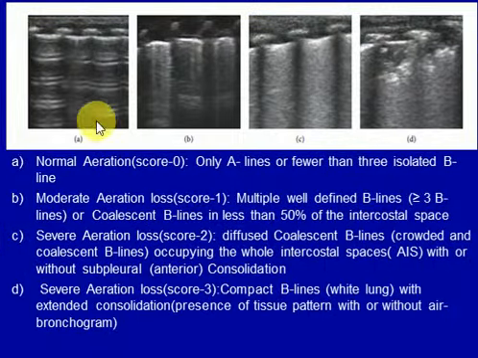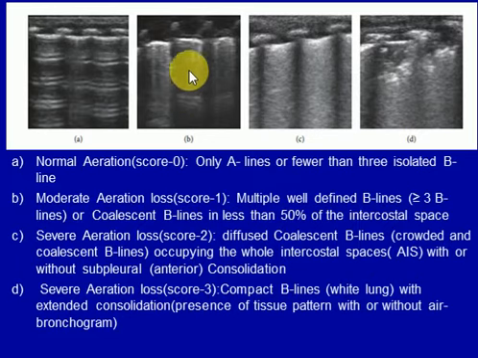See, the score is 0 if the lung pattern is normal, or fewer than 3 B lines in one intercostal space. Normal aeration, only A line or fewer than 3 B lines. Score 1 if there are more than 3 B lines in one sector, or the sector has less than 50% of B lines.